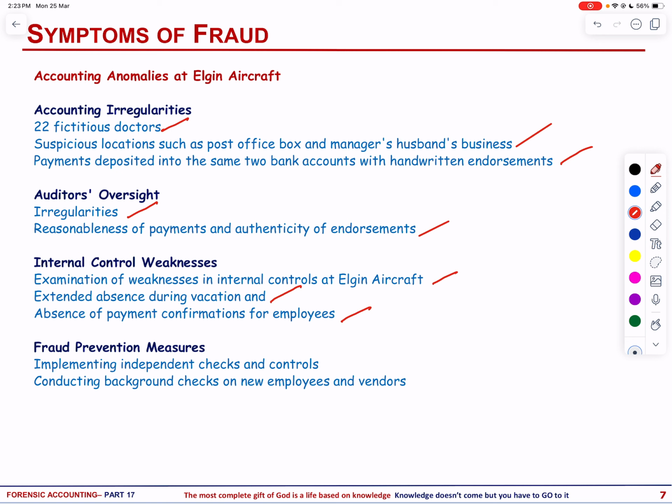Fraud prevention measures include implementing independent checks and controls and conducting background checks on new doctors in order to prevent the fraud. Recognizing these control weaknesses and promptly investigating potential exploitation are crucial steps in detecting and preventing fraud.